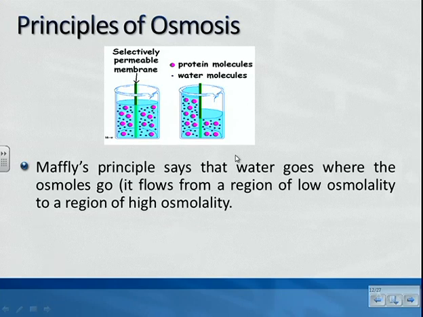It wants to go where all the proteins are because water was more concentrated here. So it's going to go down its concentration gradient. But remember, it always follows the solutes to a point where then you have a balance with osmolarity on both sides of the membrane. So water will always try to move into a point where you maintain osmotic equilibrium.